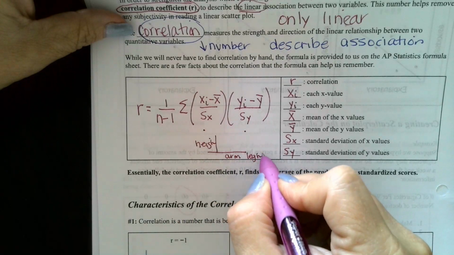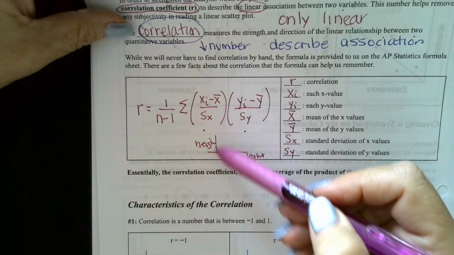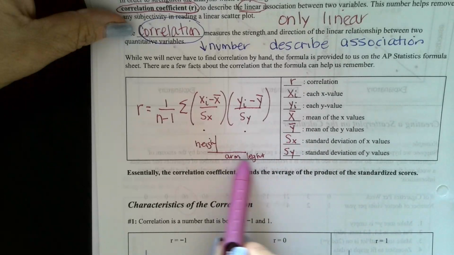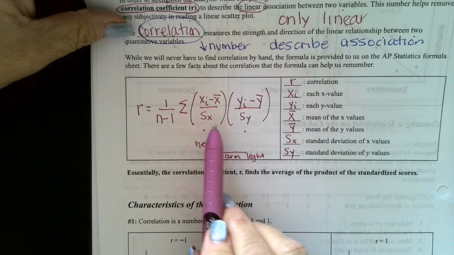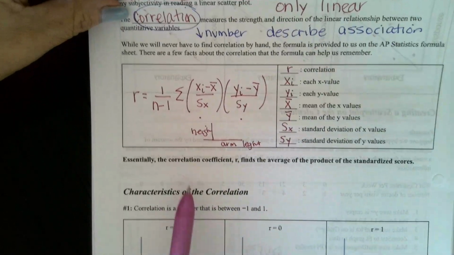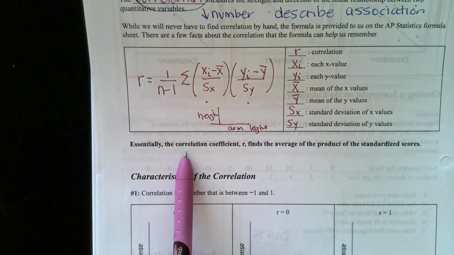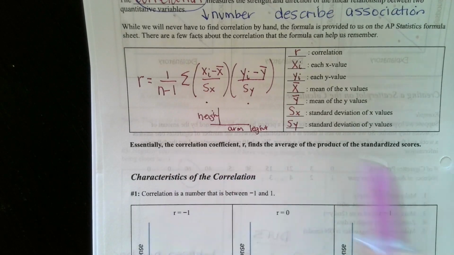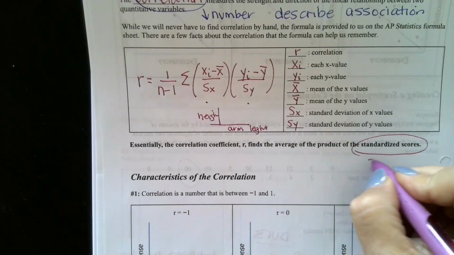We're going to have a standard deviation and a mean within height, and a standard deviation and a mean within arm length. That's why we multiply these two numbers together. So what it says here, essentially, is that the correlation coefficient, which is r, finds the average of the product of the standardized scores, standardized scores being z-scores.